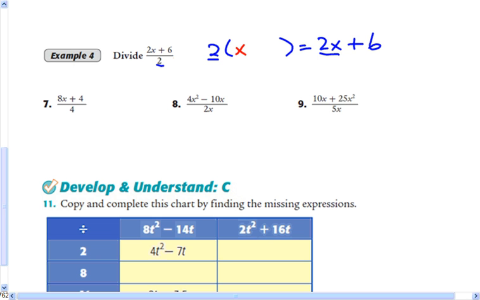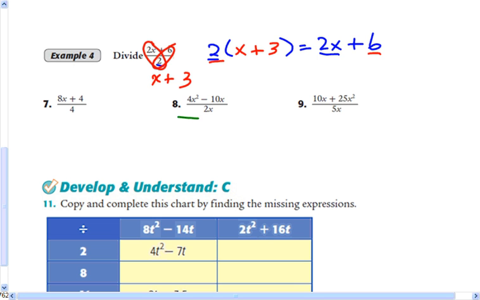And then we're going to do 2 times what number is equal to 6, and that would be 3. So we get x plus 3 when we divide 2x plus 6. And remember, the other way I said you could do this is just divide both parts. 2x divided by 2, 2 divided by 2 is 1, so x. And 6 divided by 2 is 3. All right? I'm going to do one more here, and then we can go back and do those.